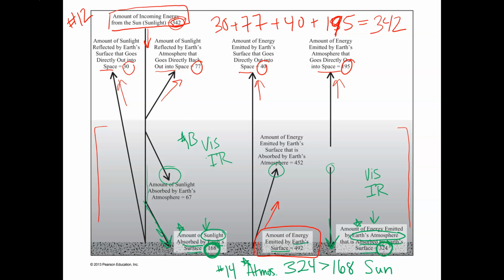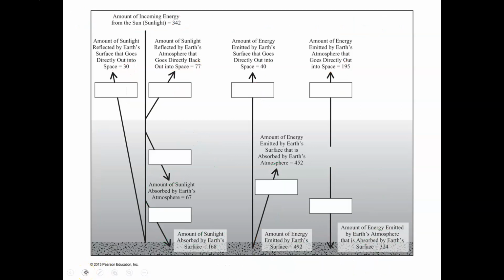Think about that one for a minute. I'm going to leave that one for you to think about so we can fill in the boxes for number 4. One thing that'll help us as we go on to the next picture is to think about what kind of light that is. The light absorbed by Earth's surface is coming from Earth's atmosphere, but what kind of light is it? Is it visible or is it infrared?